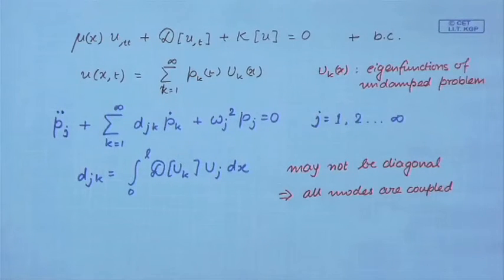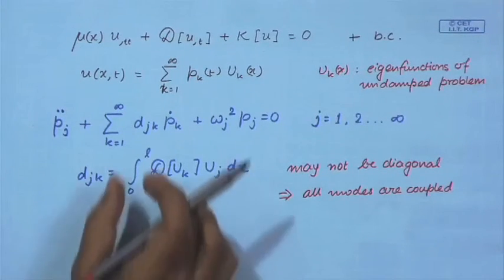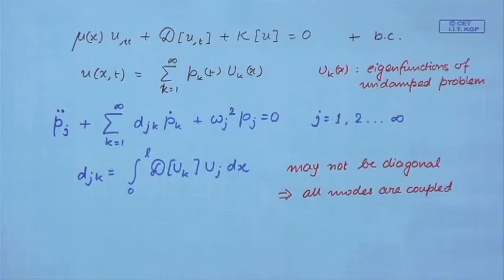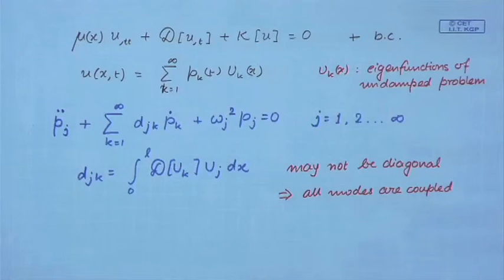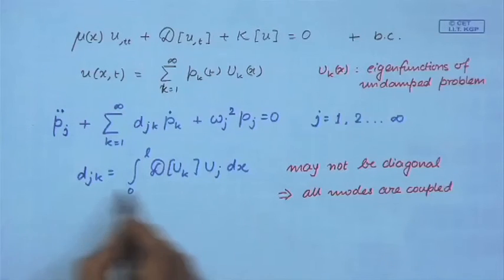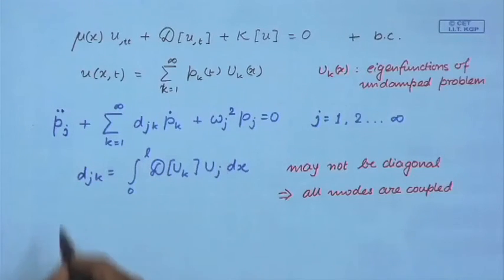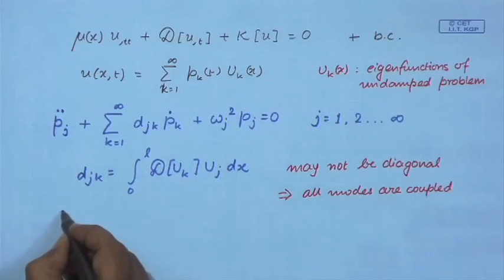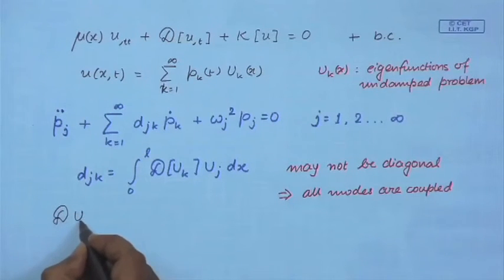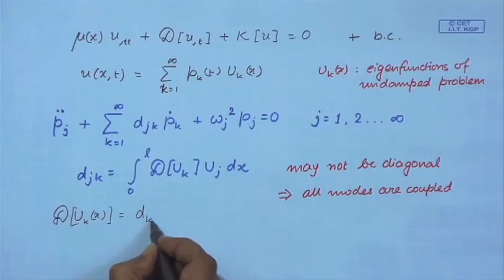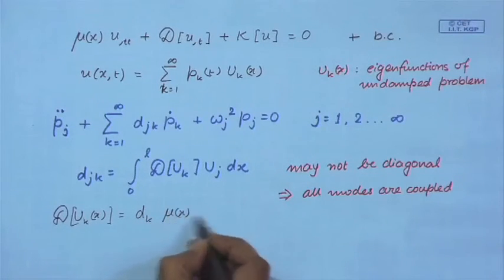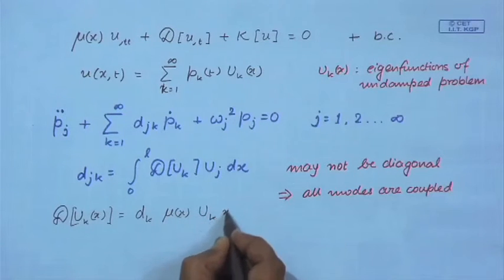Now, under very special situations, this damping matrix will be a completely diagonal matrix. So, let us look at that condition. That condition follows very easily from here if d u k is some d k times mu x times u k.